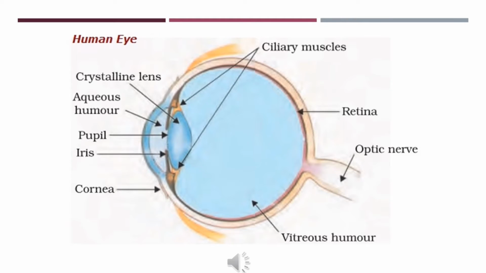The pupil regulates and controls the amount of light that can enter the eye. So are you getting that? Iris is located behind the cornea, and the pupil is the structure that controls the amount of light that can enter our eyes.